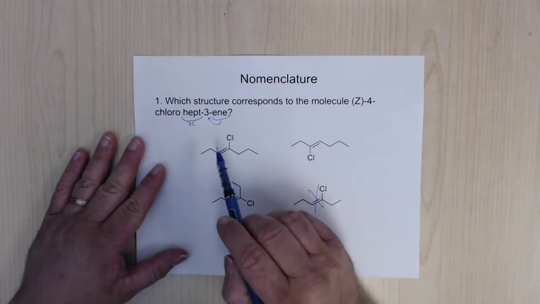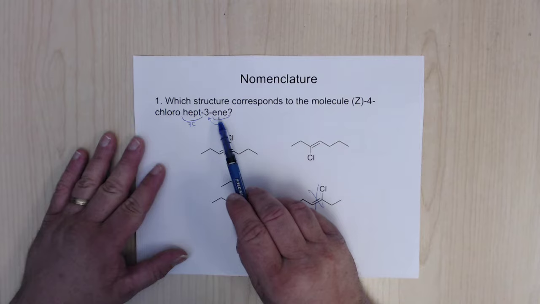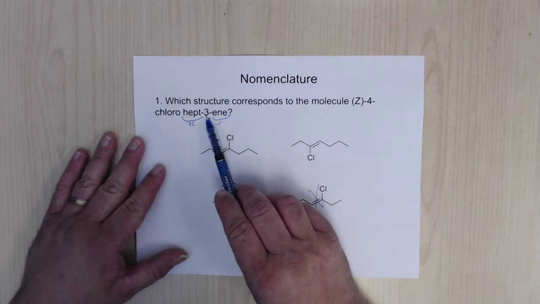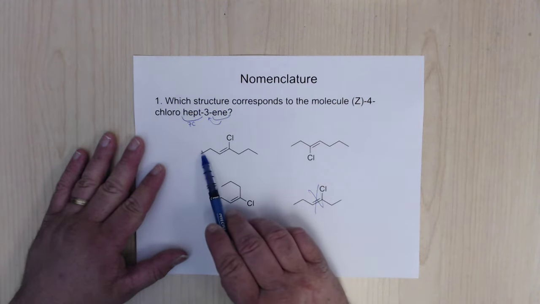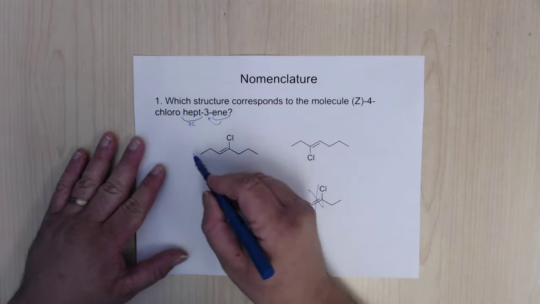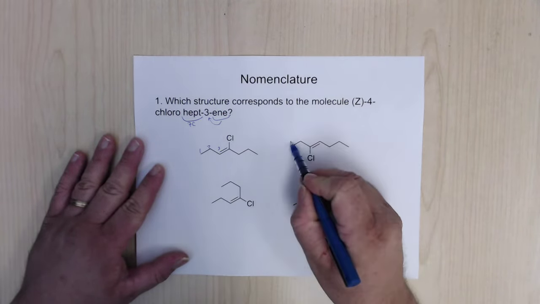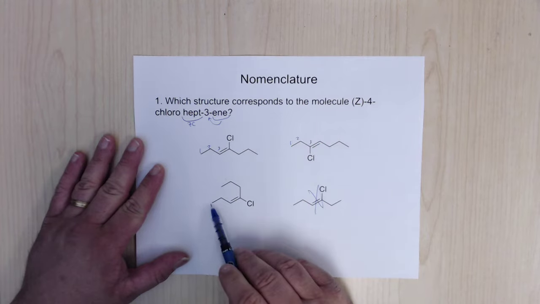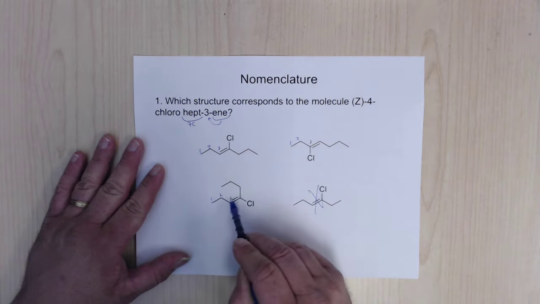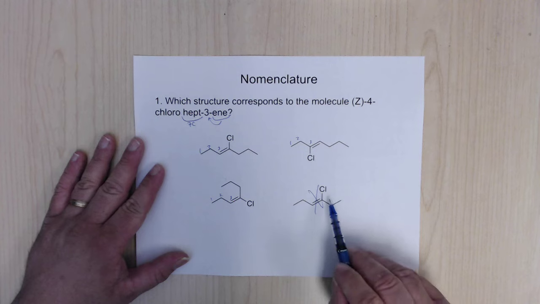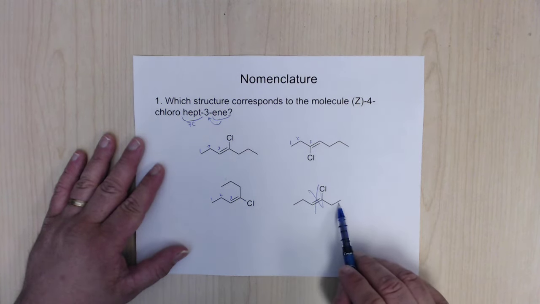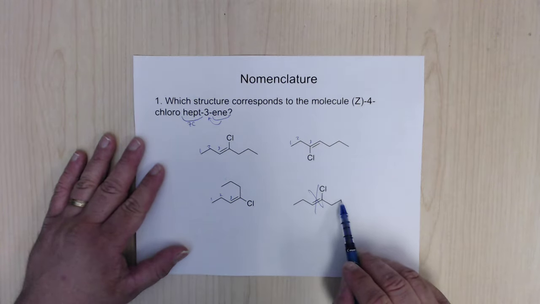Now here, the double bond is going to start at carbon 3. So this is the end closest to the double bond, and here it's 1, 2, 3. For here, it's 1, 2, 3, and for here, it's 1, 2, 3. Okay, that's fine. For this one, this is the end that's closest to the double bond, because 1, 2, 3.